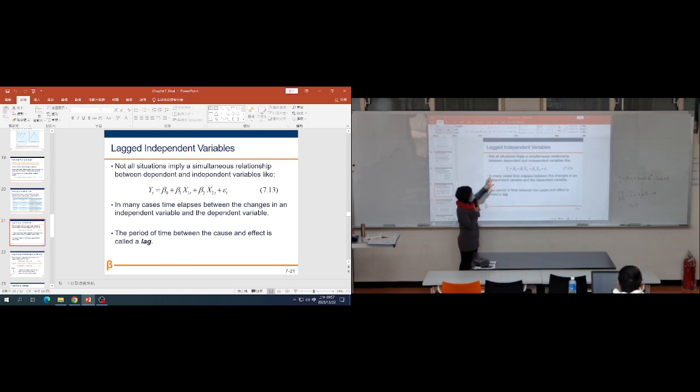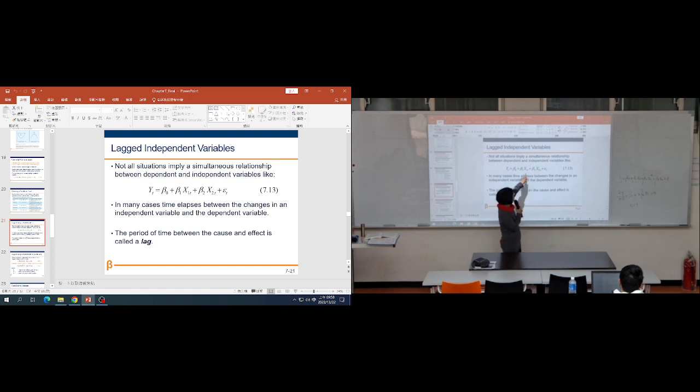So the authors say that in many cases, there is time elapsed between the changes in the independent variable and the dependent variable. What do we mean by that? It means the T is not T anymore. Maybe the previous X will affect the performance of the current Y. See what I'm saying here?